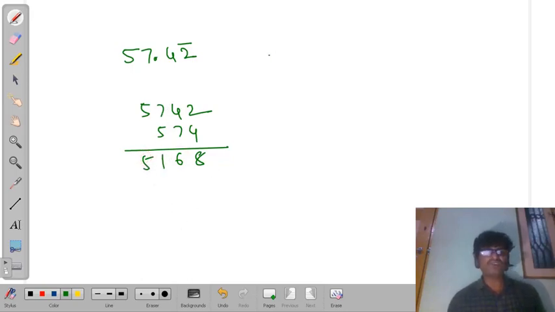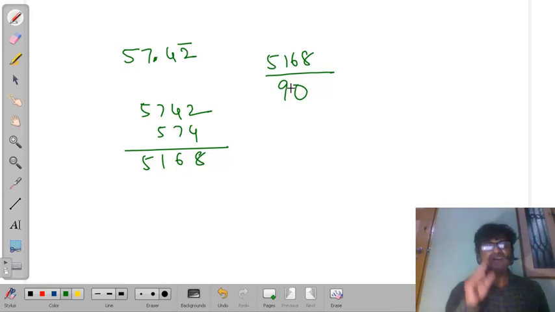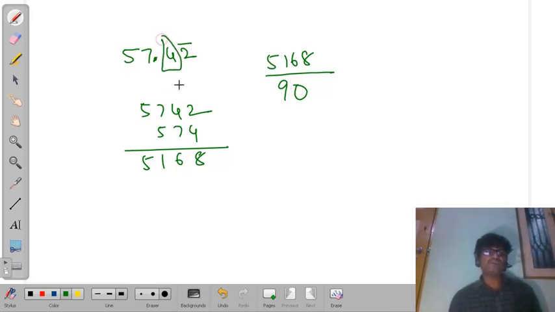So first you write 5168, then divided by how many digits are there under the bar? One digit, so you put 9. Then after the decimal point we have one digit which is not under the bar, so we put 10. That's it. So 5168 divided by 90.